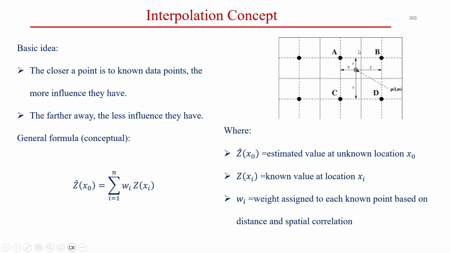Based on this, a certain mathematical equation is used to calculate the new intensity value at this point. Here I am trying to estimate the value at point x0, and I get it as a summation of various weights times the values at these particular points, and the weights depend on the distance. The lesser the distance, the more the weight. That's the concept used here.